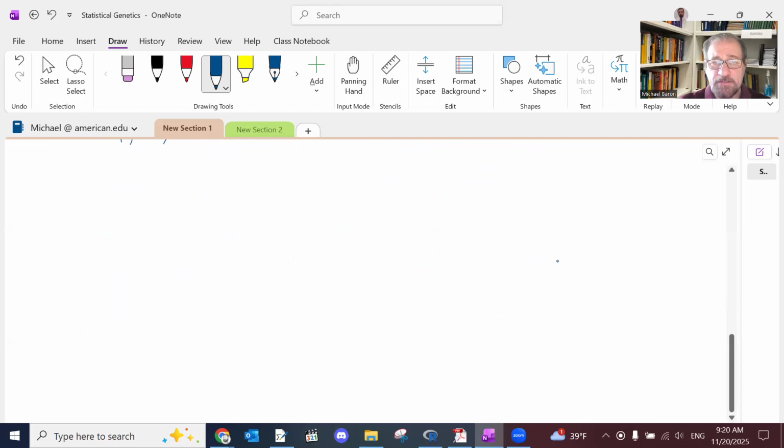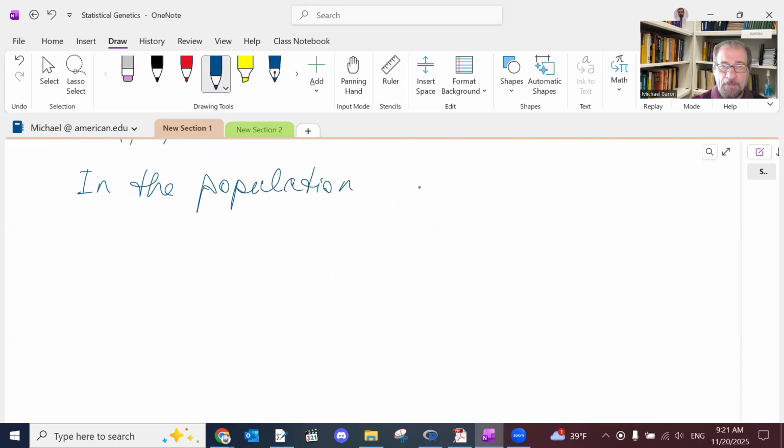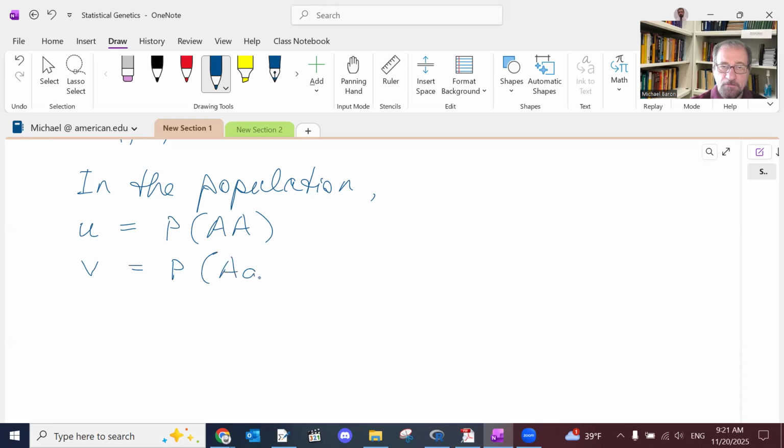Let's fix the ideas, introduce some notation. So suppose in the population, the distribution of pairs of genes is U, V, W. U is the proportion of both genes being dominant. V is the proportion of heterozygotes.